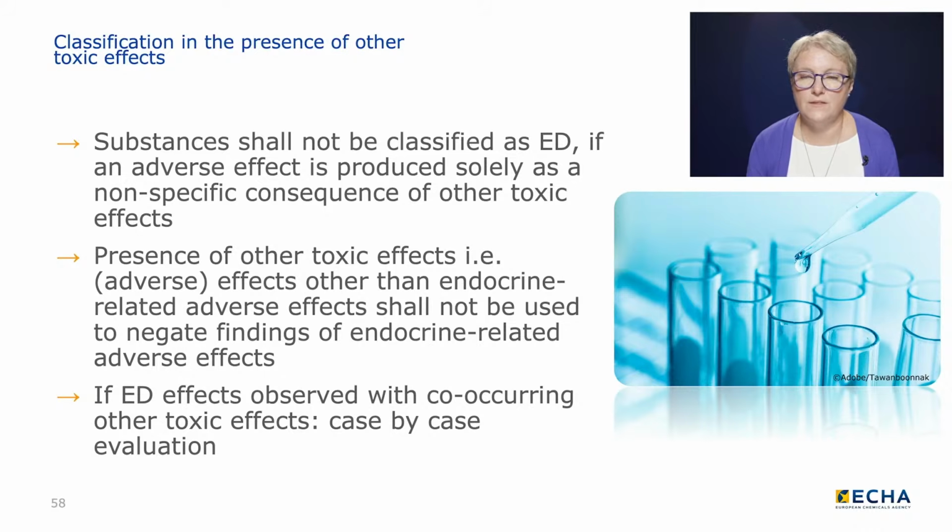The presence of other toxic effects must not be used to dismiss classification unless it can be unequivocally demonstrated that the potentially endocrine-related adverse effects are solely non-specific consequences of other toxic effects. However, considering the complexity of the endocrine system, this must be assessed carefully on case-by-case basis, taking into account the full picture of the situation.